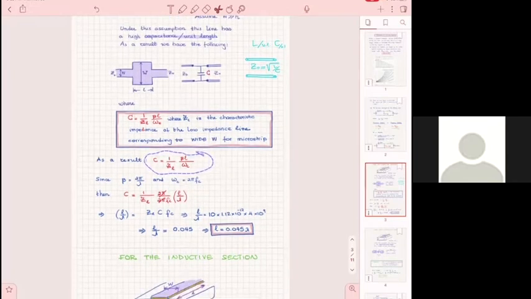So if I use a line that has 10 ohms characteristic impedance and then has this length that I found here, then this line is going to be equivalent to a capacitor. Now, just to remember, if it is microstrip, a low characteristic impedance line has a wider conductor.